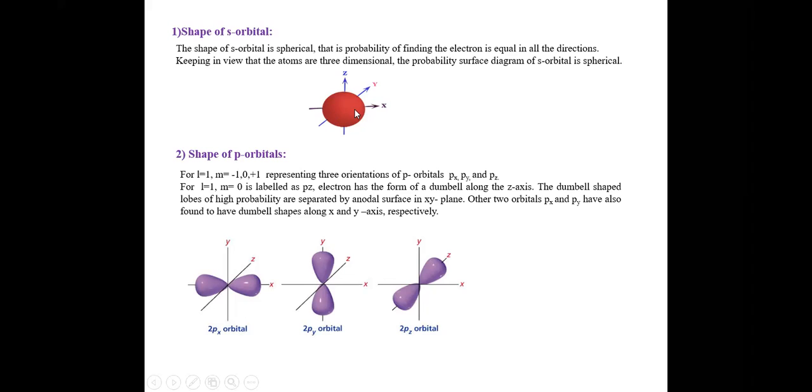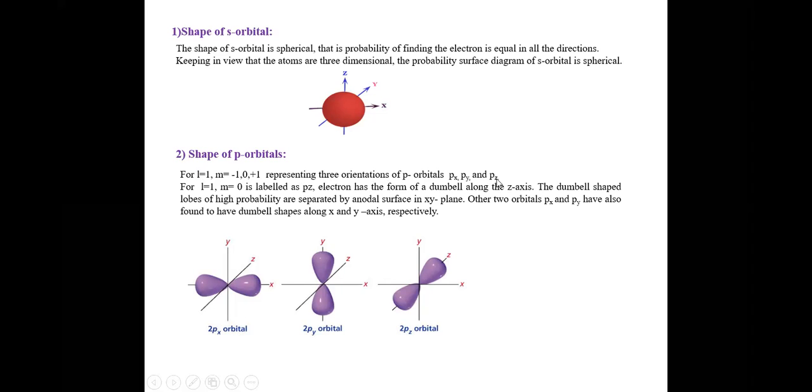Next is the shape of p orbitals. For l equal to 1, m is equal to minus 1, 0, plus 1. It represents three orientations of p orbitals. We know that the three orientations of p orbitals are px, py, and pz.